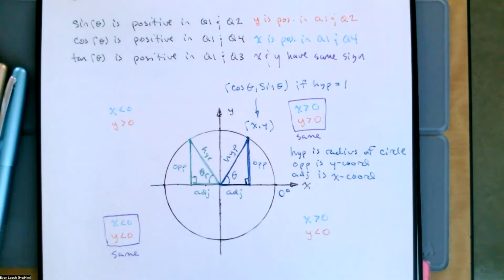So the reason that the reference angle gives us the same absolute value is that the reference angle is making a copy of our original triangles. It's making a copy of that triangle in the second, third, or fourth quadrants. Any questions? So that's why we have the same values.